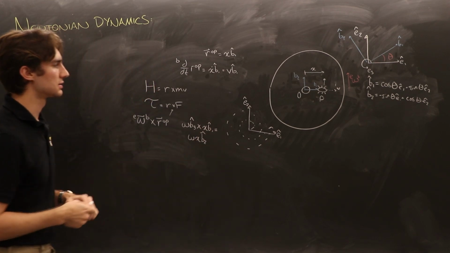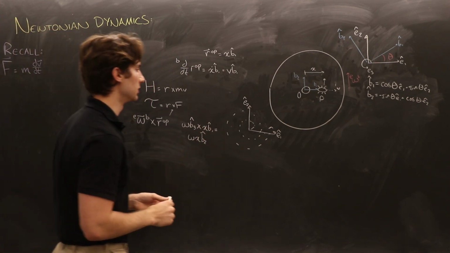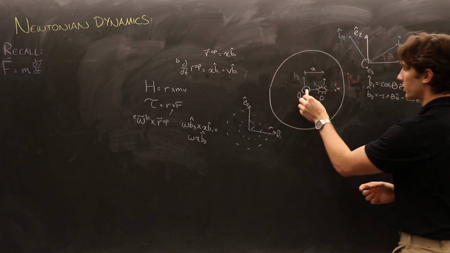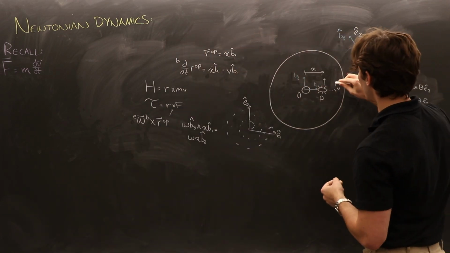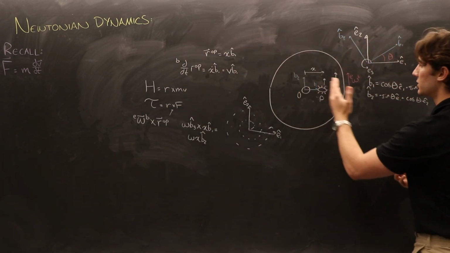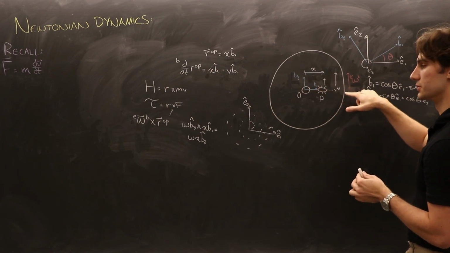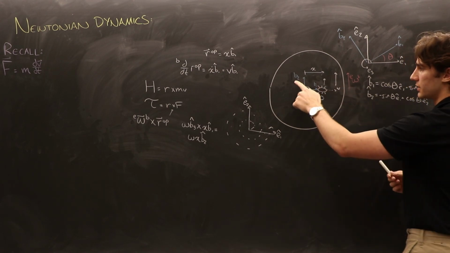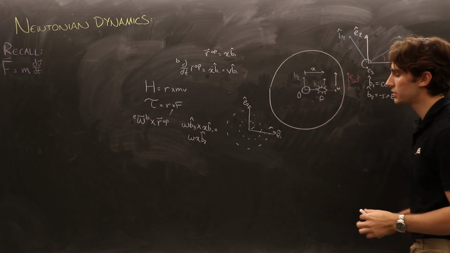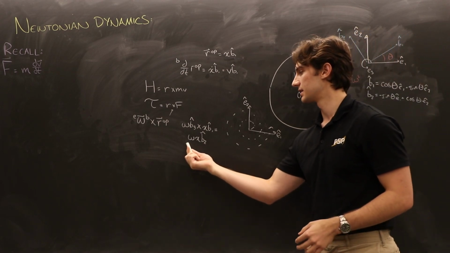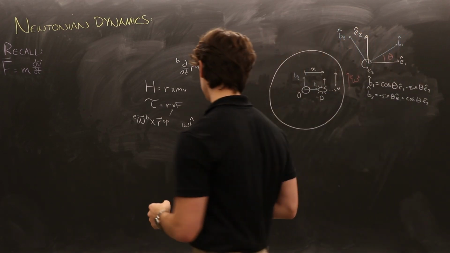And if we think about this, that is what we would expect our result to be. As this bug moves outwards, we should expect this velocity is going to increase in magnitude as the bug gets closer to the edge. We also know that this should be acting in the positive b2 direction, so that gives us some confidence that this result is correct.